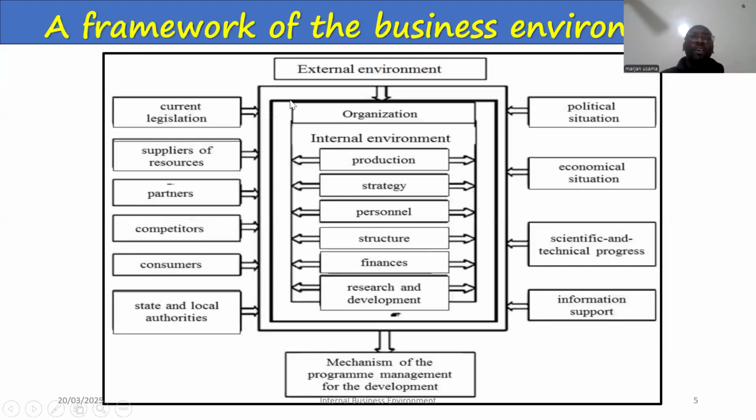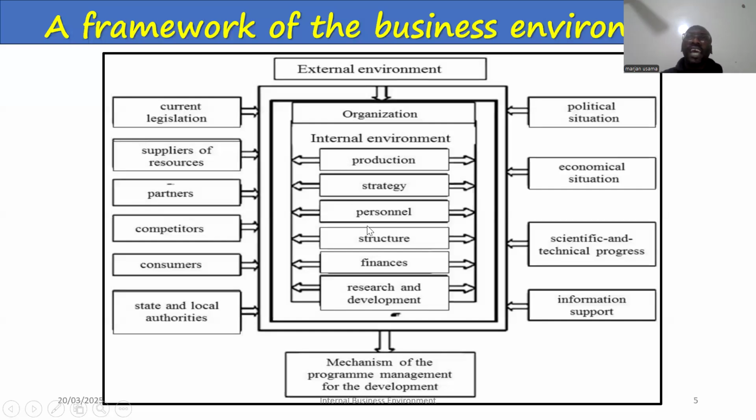Now, this is the framework of the business environment. Any organization normally has two types of environment. We normally have the internal environment. In the middle, you can see the internal environment.